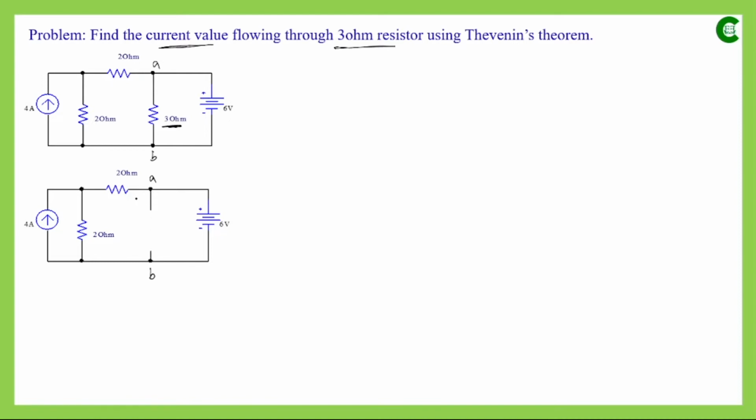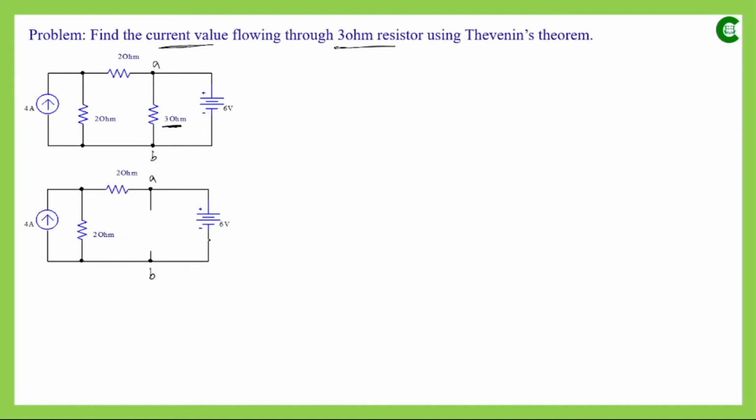Now in the next step, step 2, we find the open circuit voltage across those two concerned terminals. In this circuit, across these two terminals, the voltage source having a value of 6 volt is connected, and on the left side we have two resistors and a current source.